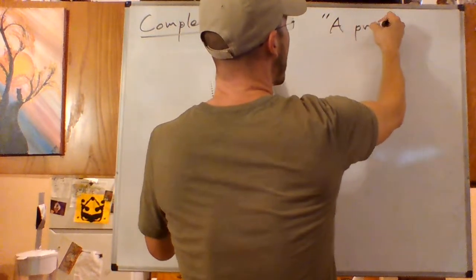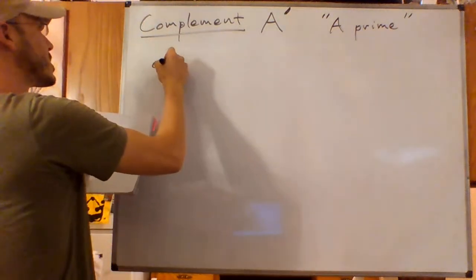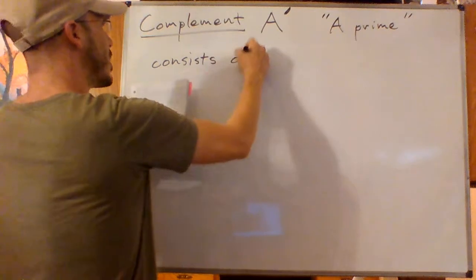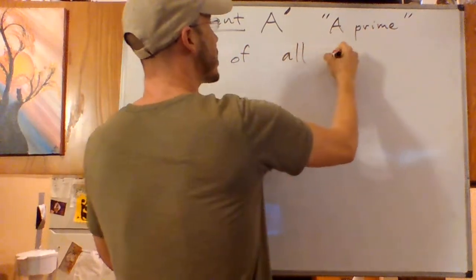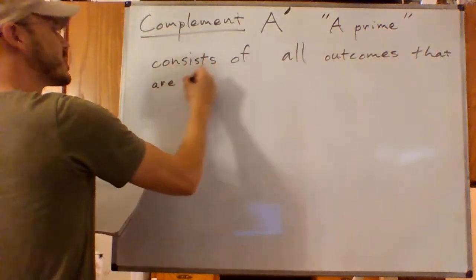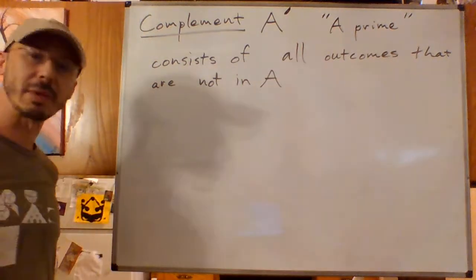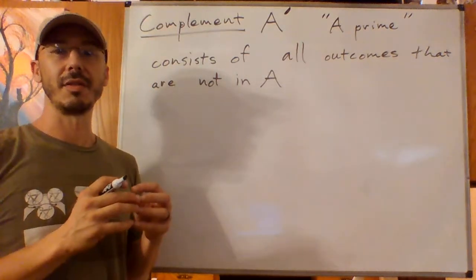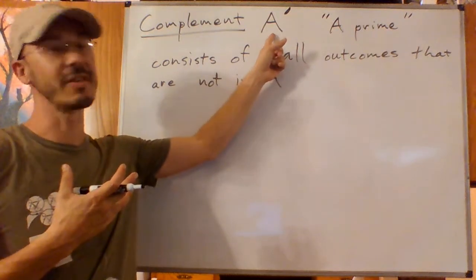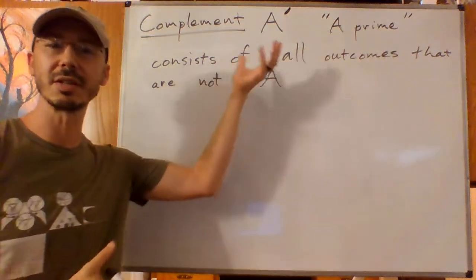This consists of all outcomes that are not in A. So the complement is the set of the outcomes that aren't in the given set. So the complement of event A is all the outcomes that are not in A, all the outcomes in the sample space that aren't in this event.